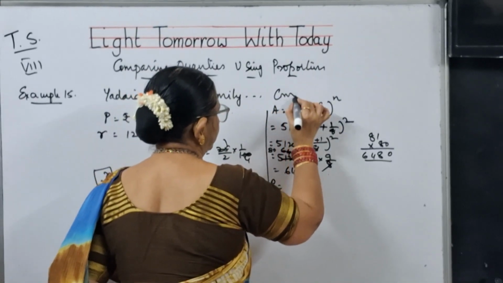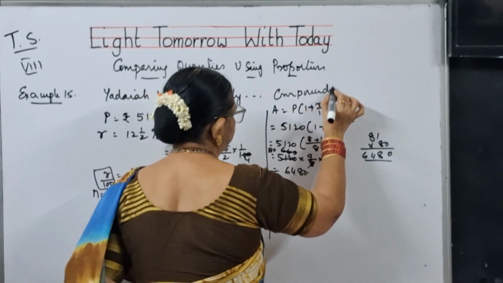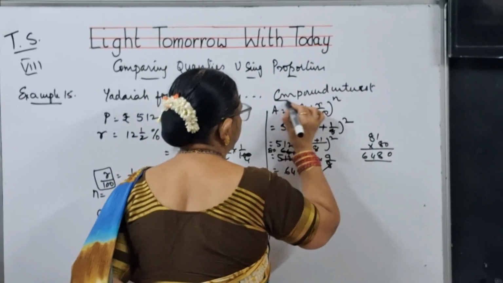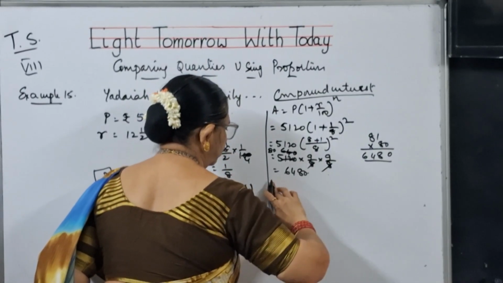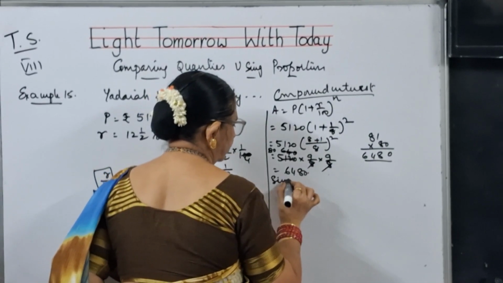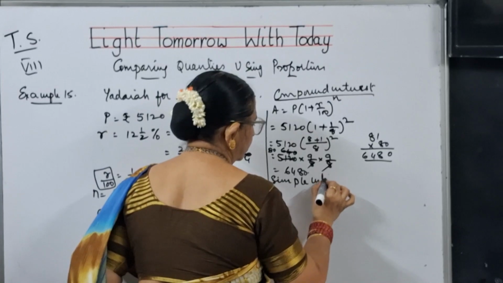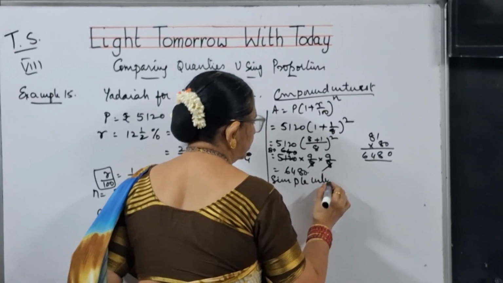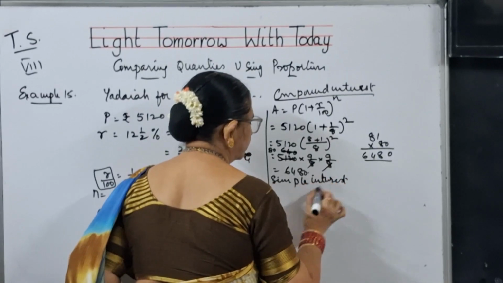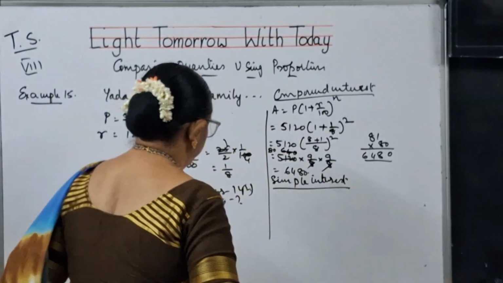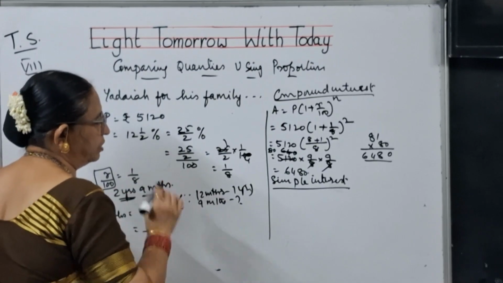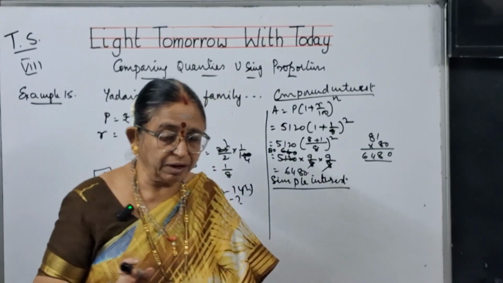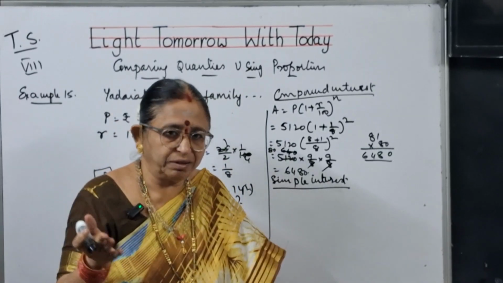So I have calculated it basing on compound interest formula. Now I have to go for simple interest. Why should I go for simple interest, children? Because they have given 9 months extra. Compound interest can be calculated only after completion of 1 year.